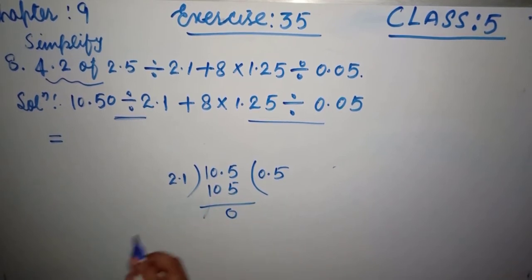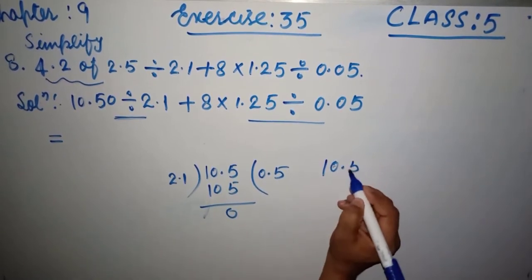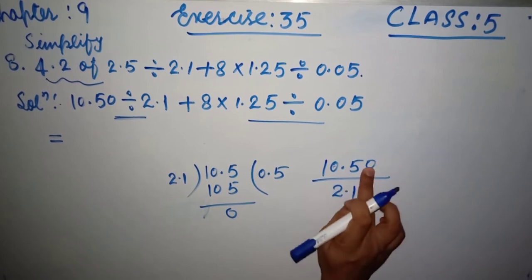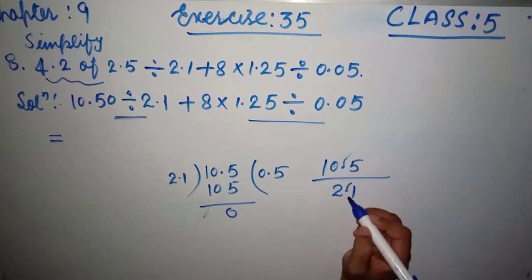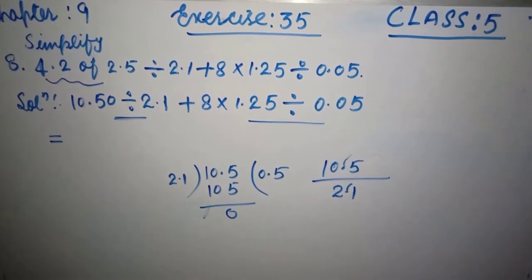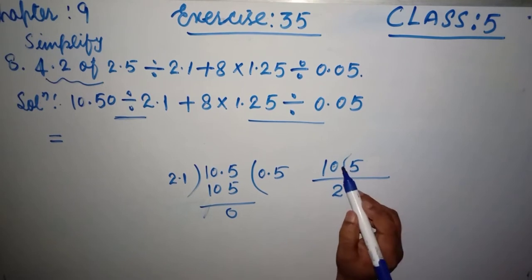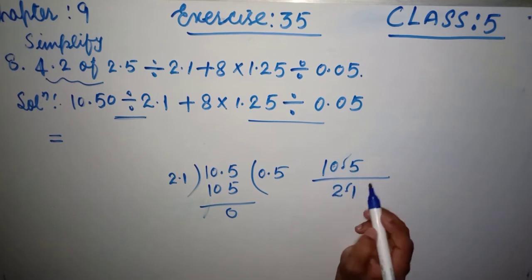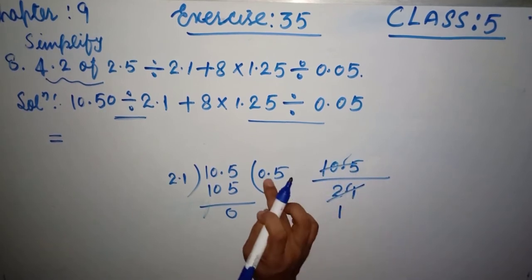Or this can be written as 10.50 divided by 2.1. We can erase this 0, remove this decimal, because this is the same decimal with the same decimal places. Then this decimal will get cancelled.